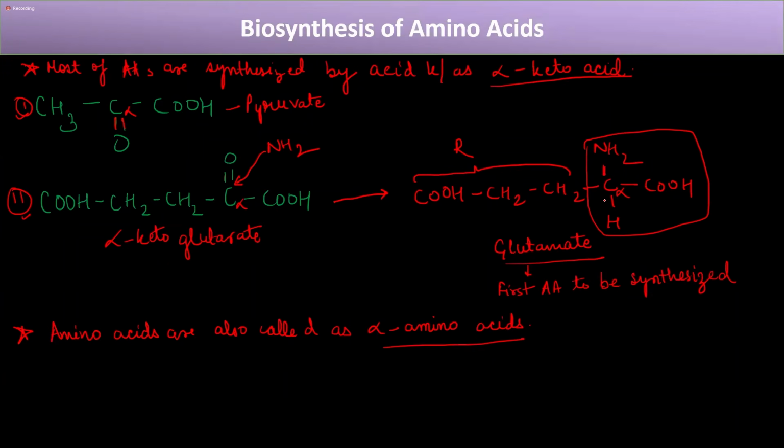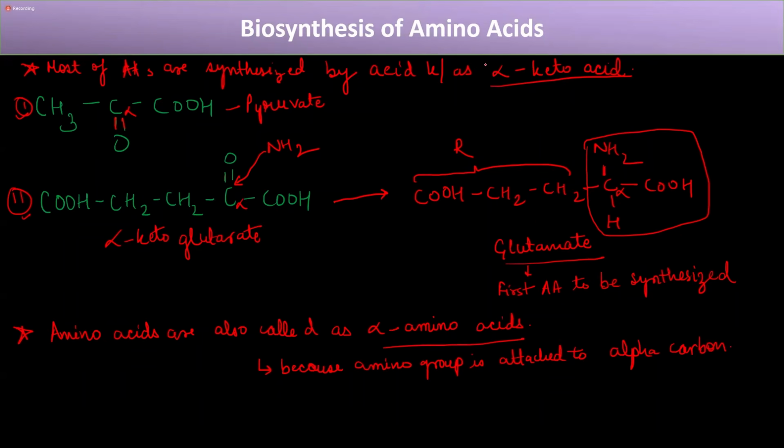Because the main amino group is attached to the alpha carbon, all amino acids are called alpha amino acids. So this is an overview of the biosynthesis of amino acids.